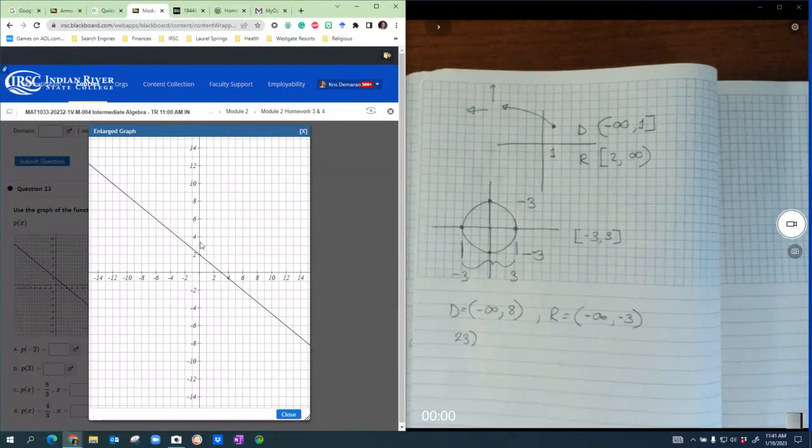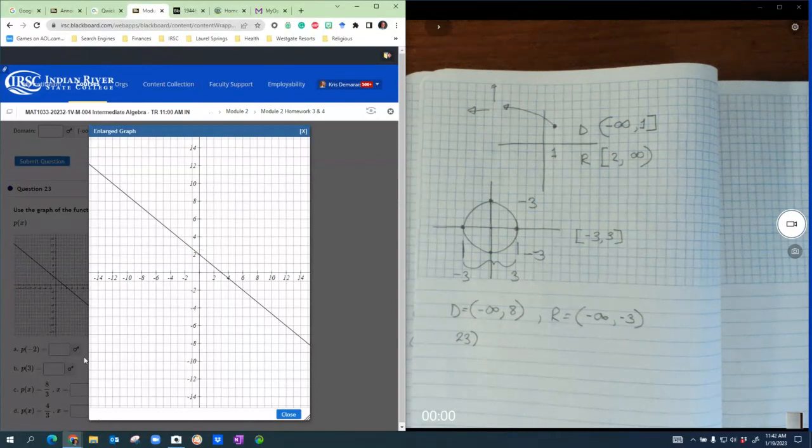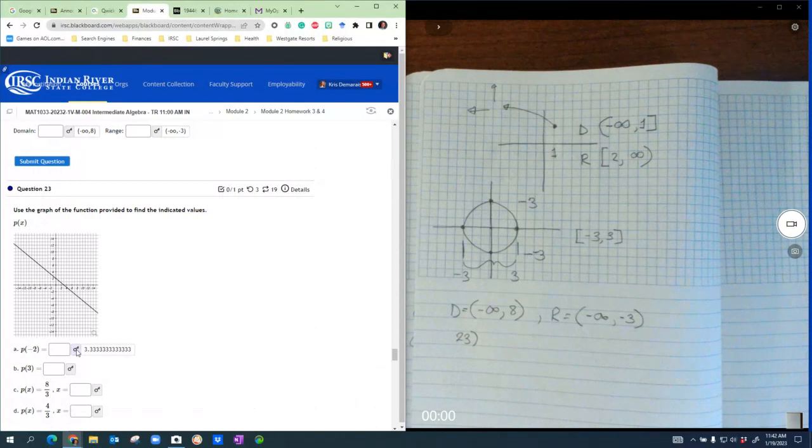I don't like this question exactly because it doesn't have a hard point at that value. I'm wondering what answer they're choosing for this one. Yeah, I was about to say, it looks like it's a 3.3 situation. So this one was a bad question.